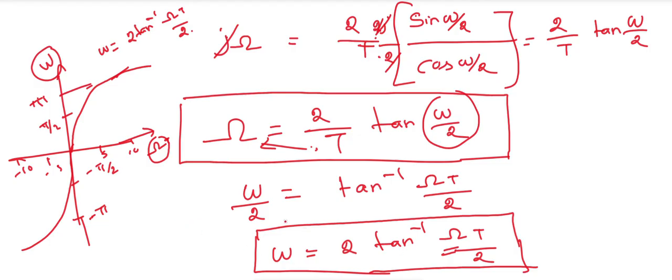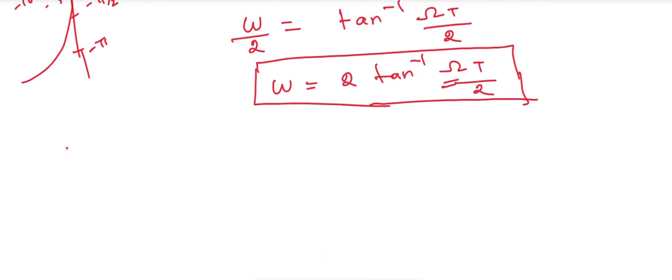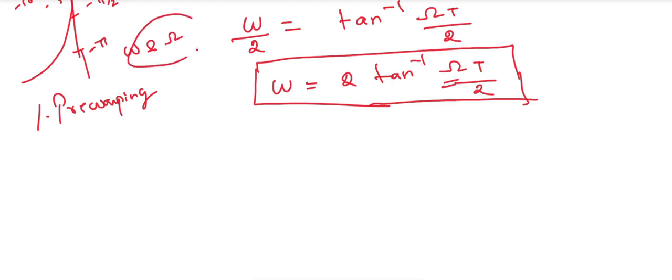Because of non-linearity, there is frequency warping. Frequency warping is nothing but frequency distortion. So you have to do the first step, pre-warping. Pre-warping means that due to the nonlinear relationship between the two omegas, frequency distortion will be there when we are converting analog to digital. This is called pre-warping.